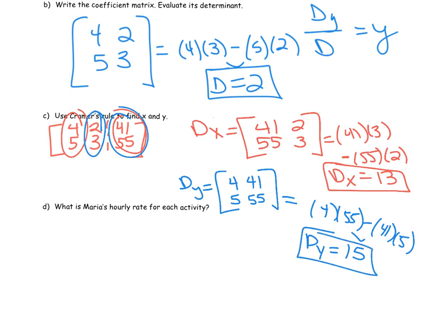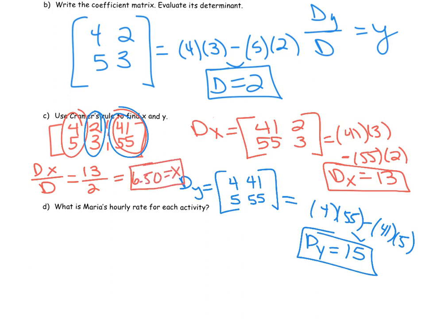All right, now we just got to solve for x and y. Remembering dx over d is equal to x. So dx is 13 all over 2, which is 6.50. So that's x.